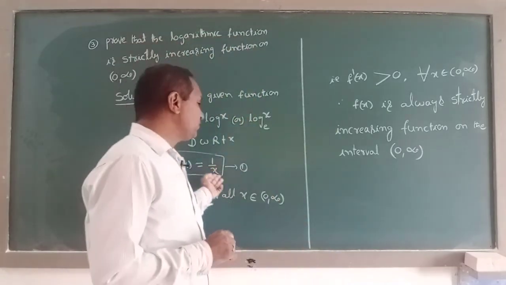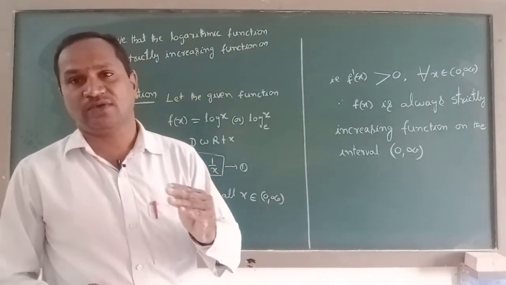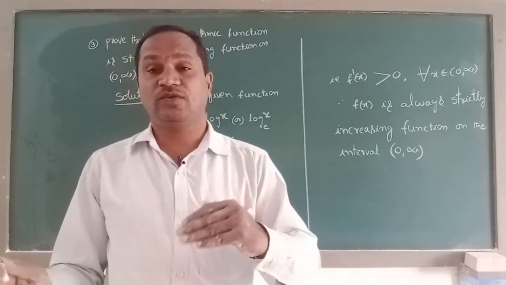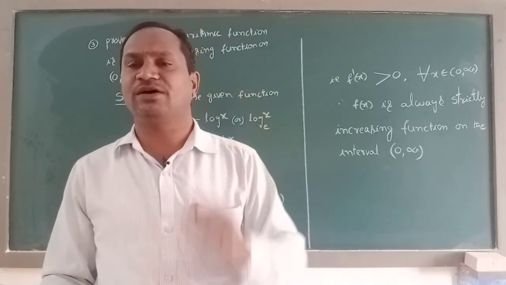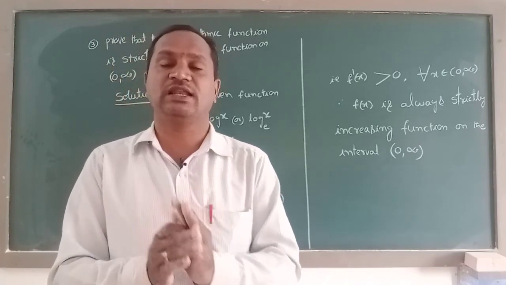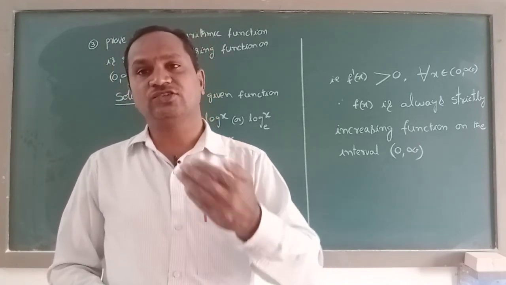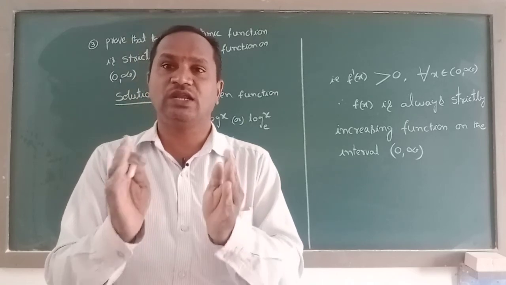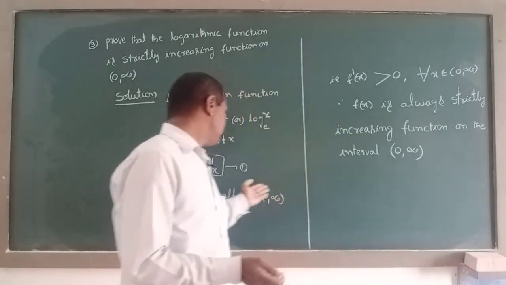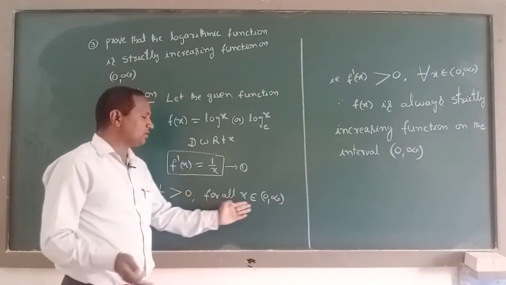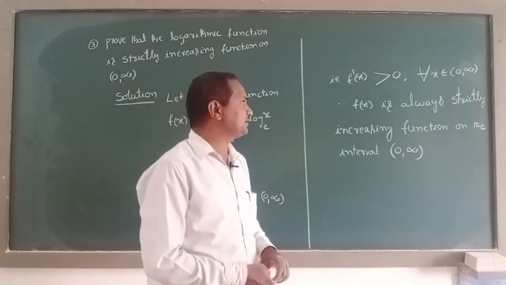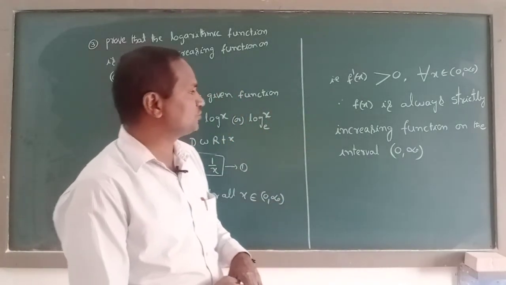Then f dash of x equal to 1 by x: in place of x, other than 0, other than infinity, that means if we take any non-zero real number, you are getting one positive real number. That positive real number means we can write it is always greater than 0 for all x belongs to 0 comma infinity. Therefore f dash of x is greater than 0 for all x belongs to 0 comma infinity.